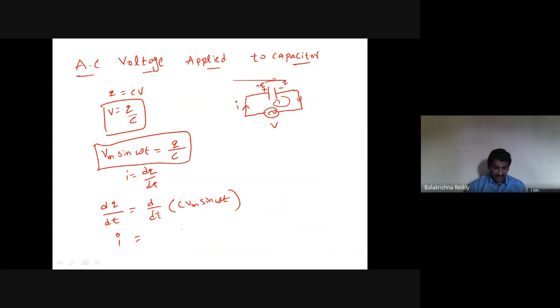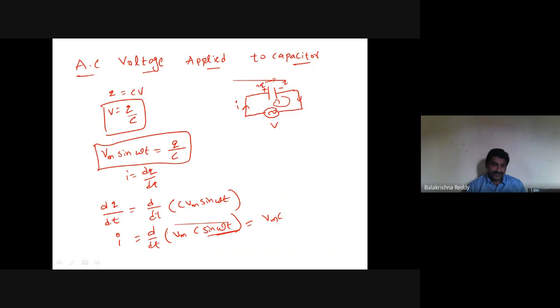That is, I equal to d by dt of Vm C sine omega t. When you differentiate sine omega t, what does it become? Vm stays as it is, since it is the maximum, and C is the capacitance of the capacitor.